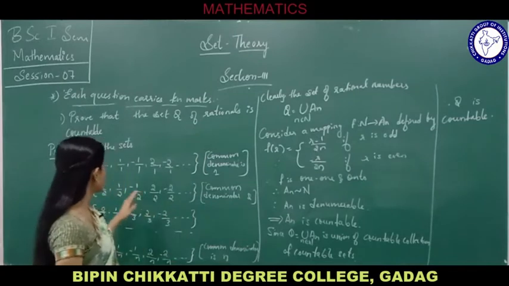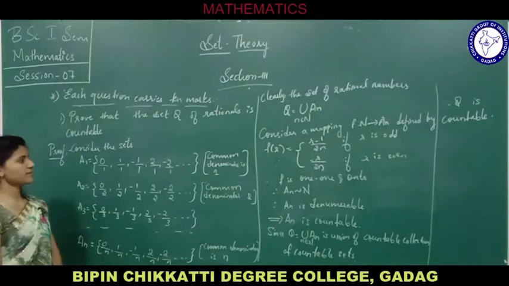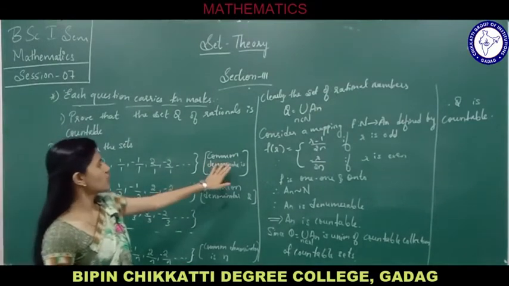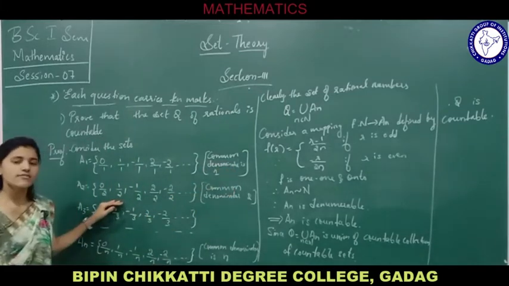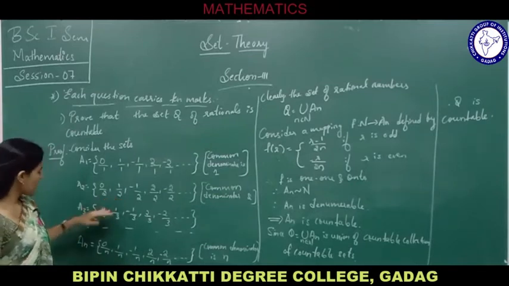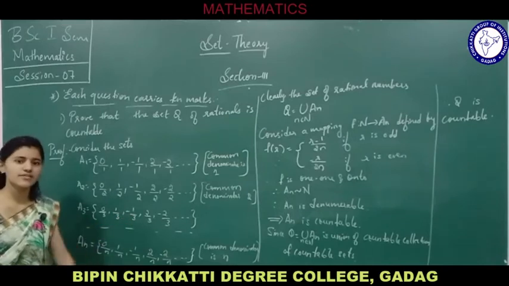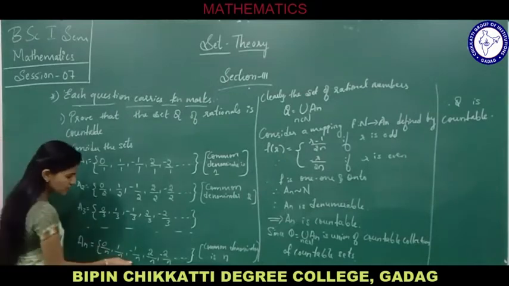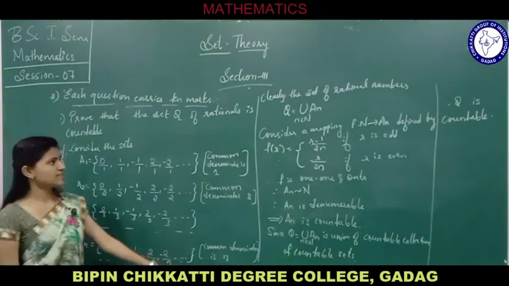That is, A1 will be equal to 0 by 1, 1 by 1, minus 1 by 1, 2 by 1 and minus 2 by 1. Here the common denominator is 1. The same way we consider the second set where the common denominator is 2, and again A3 where the common denominator is 3. Continuing in this way, we consider the nth set An, with 0 by n where the common denominator is n.